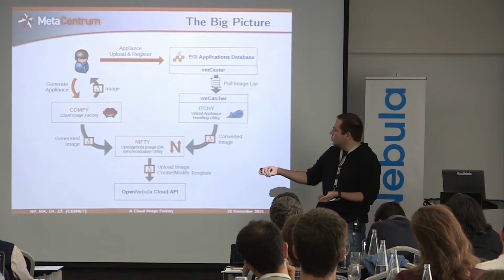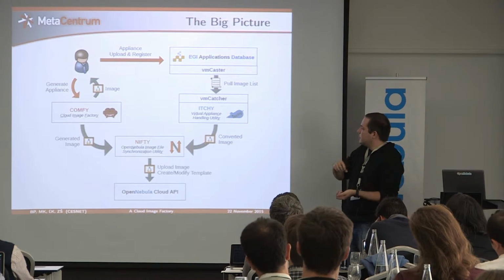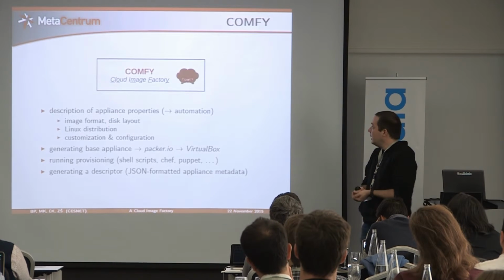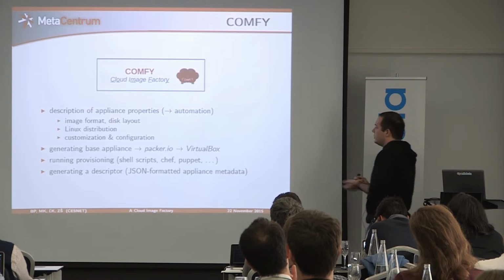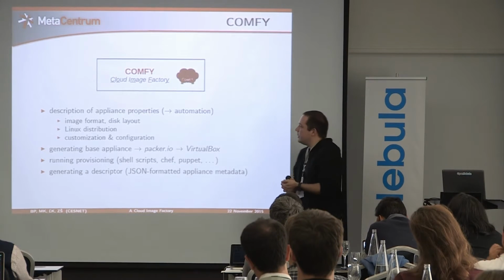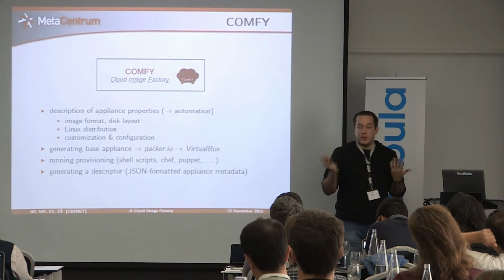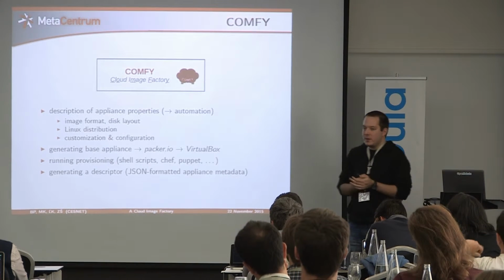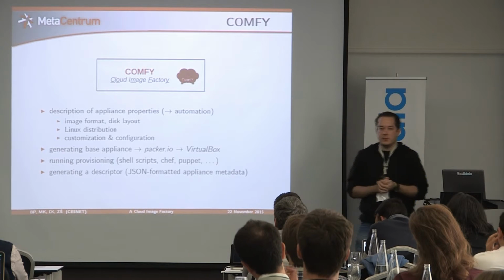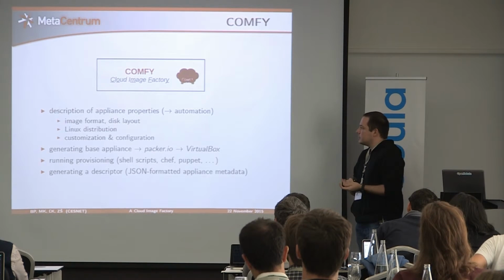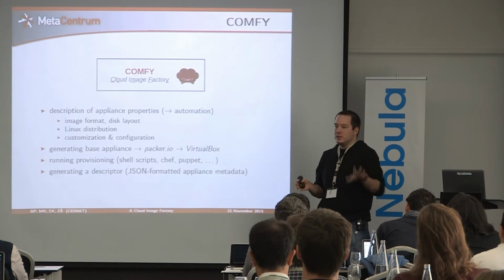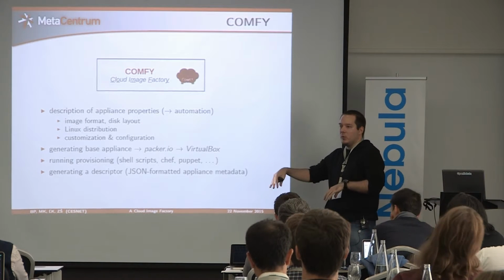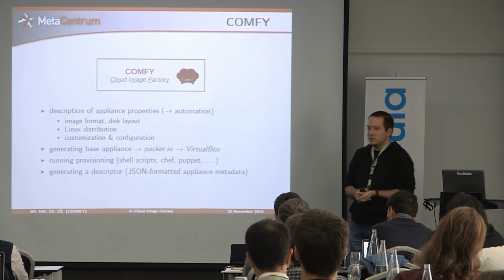And these three tools in the middle, that's the main point of this talk. So the first one, which we called Comfy, is the appliance generation tool. So it's a really simple wrapper on top of Packer IO. I guess you encountered it. So it mostly handles user input, some metadata generation, and then relies on Packer and VirtualBox to generate the image itself.